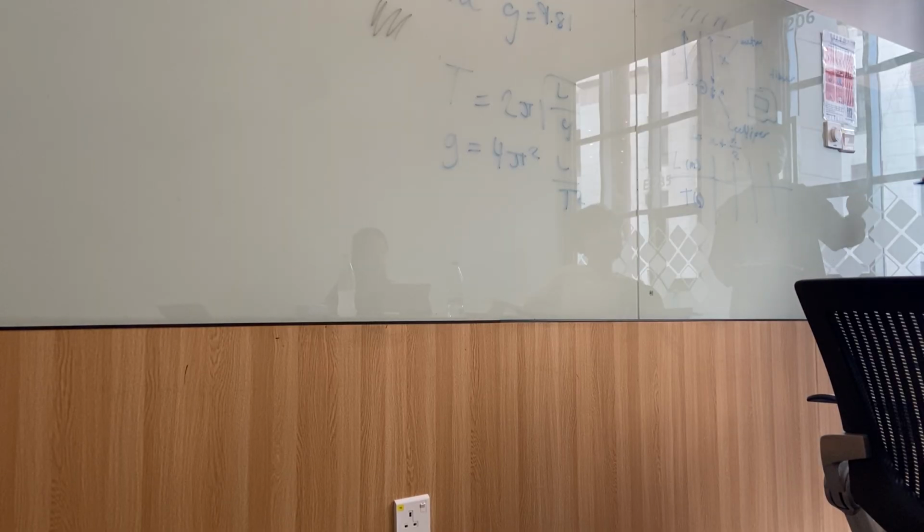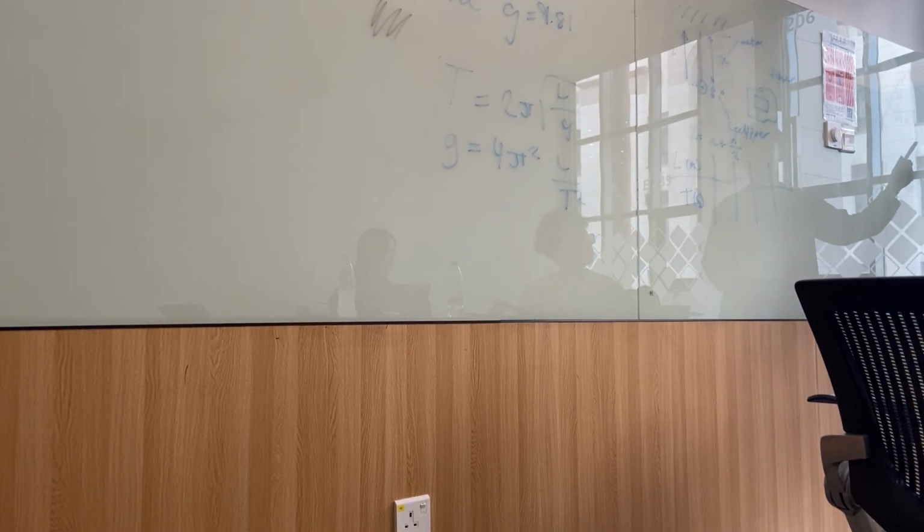And then from there, we should be able to get a straight line graph. And because we have a straight line graph, and because the graph is of length against period square, the slope should be L over T squared, right? Because that's what the graph is about.